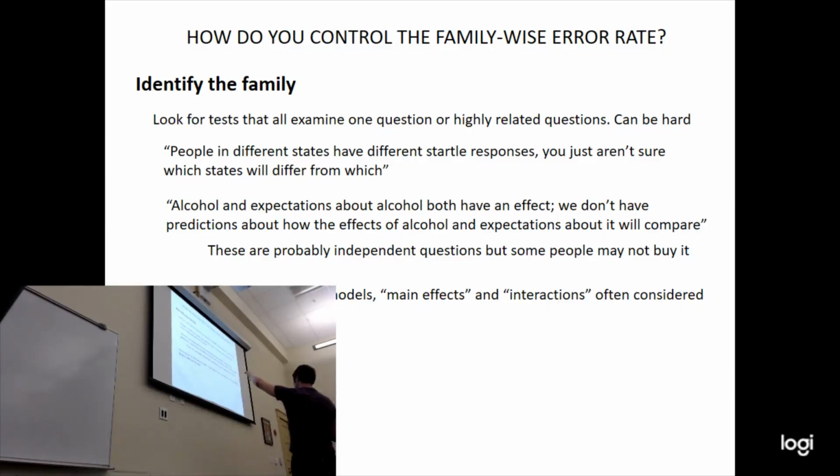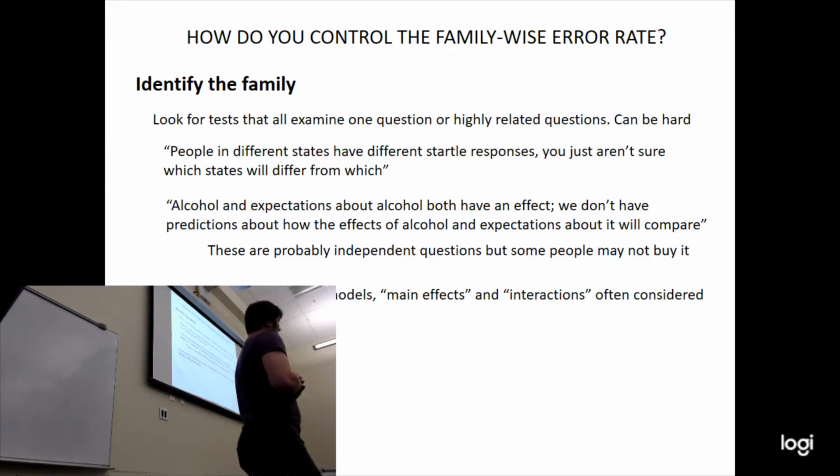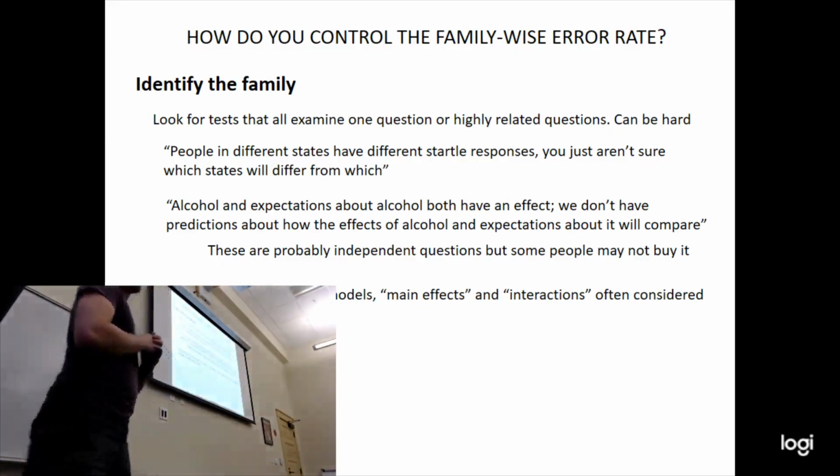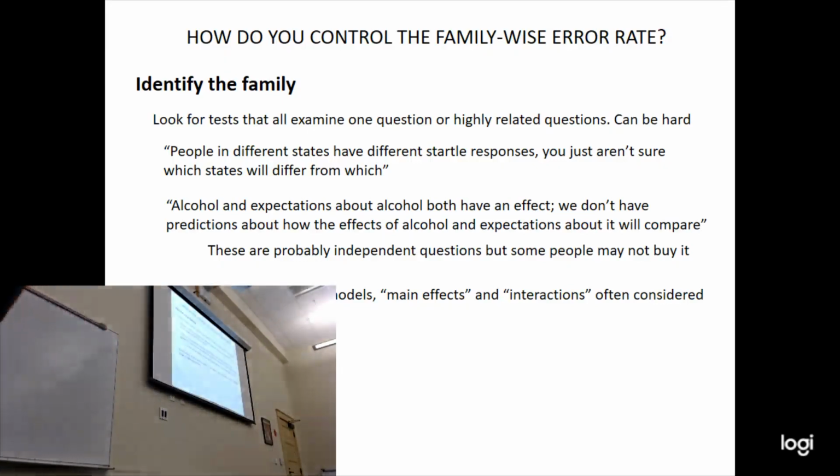And if you have an interactive model where the interaction constitutes multiple degrees of freedom, with several contrasts that all go into it, all those contrasts in the interaction are often considered to be one family. These are conventions; it's not like they're objectively correct. This is just what people in psychology typically do.